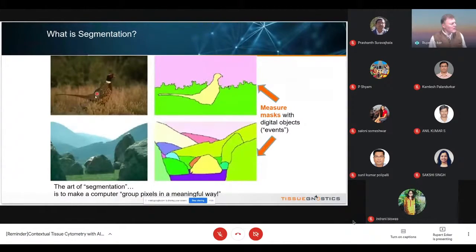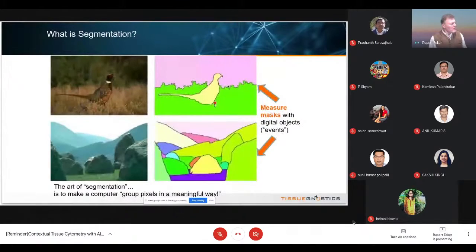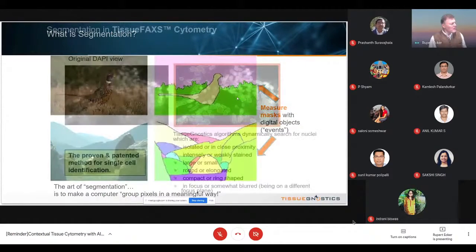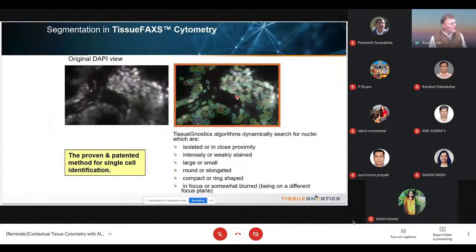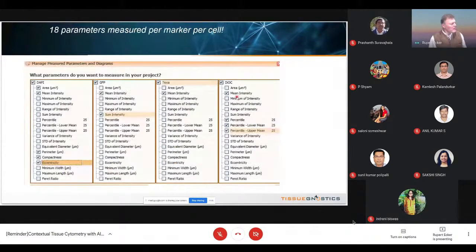In order to do so, we have to apply algorithms which find groups of pixels that belong together, and the algorithms create so-called masks, which identify which part of an image is one object, which is another object. And this is the art, the very art of TissueGnostics, to automatically identify single cells in tissue context, even when the cells are very dense and touching each other, which is the usual situation in tissue.